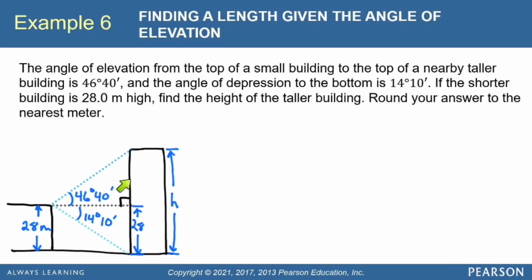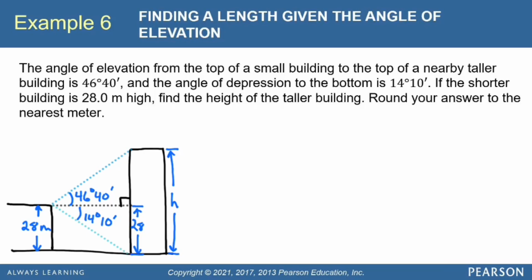But we can't find this value without knowing one of the sides of the top triangle. And right now we don't have any sides for that top triangle. So what we're going to do is use this side from the bottom triangle and this angle to find this horizontal side that the two triangles share, and then we can use that horizontal side and this known angle to find this vertical side.